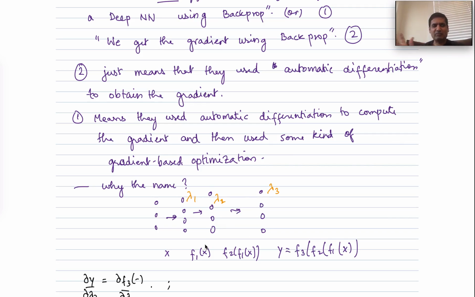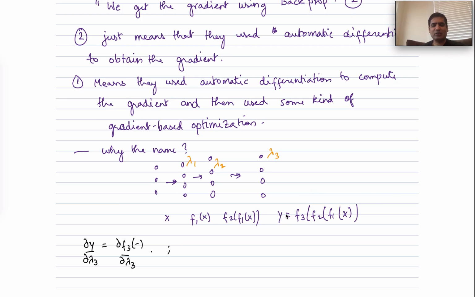More specifically, we want to differentiate the loss function, but let's just say we want to differentiate y, the output, with respect to lambda 1, lambda 2, and so on. Again, these are lots and lots of variables, right? So dy by d lambda 3 is just going to be df3 by d lambda 3, and f3 will directly depend on lambda 3, okay?